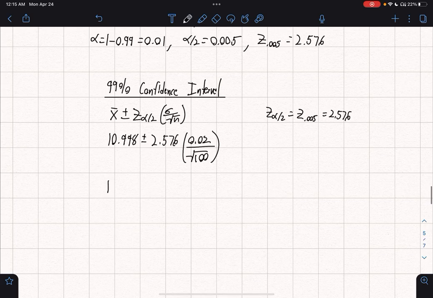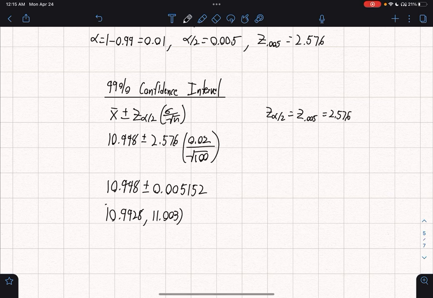So plugging this into our calculator, I get plus or minus 0.005152. So I get values between 10.9928 and 11.003.